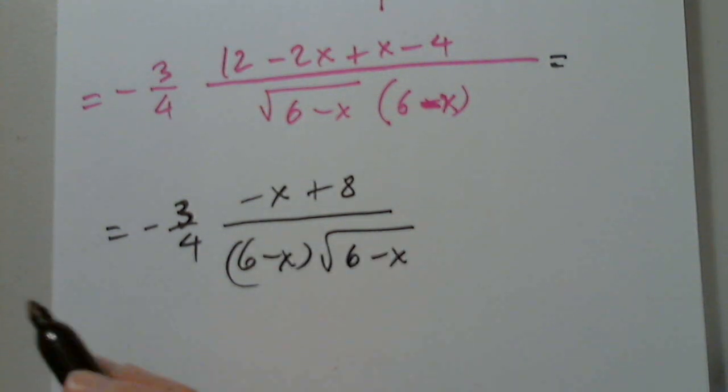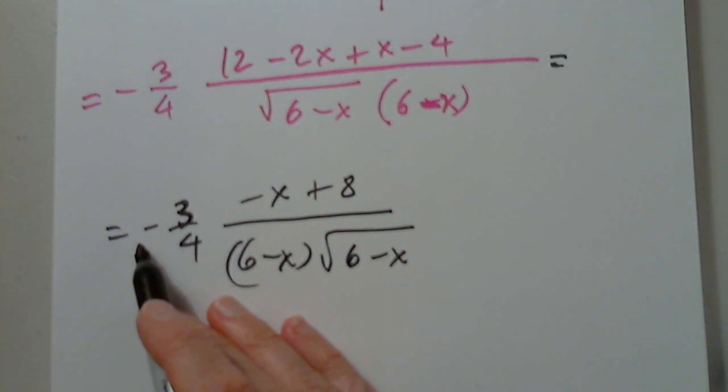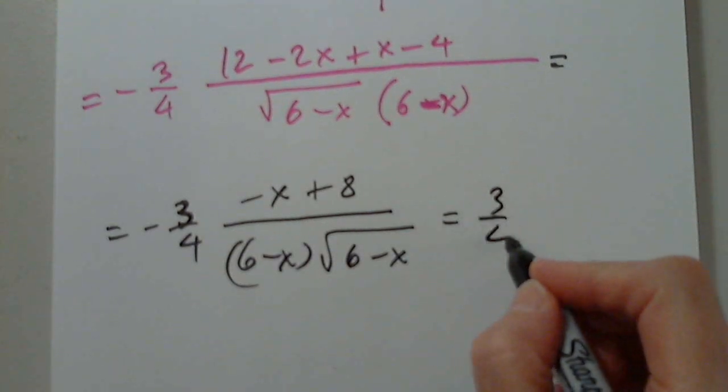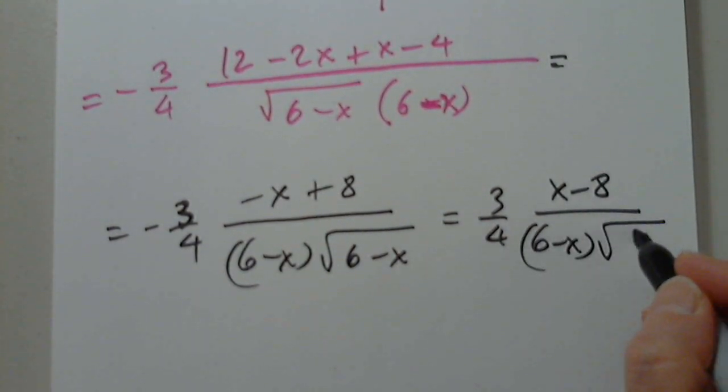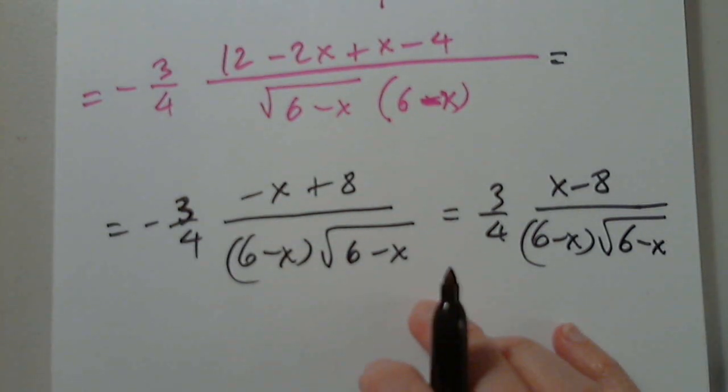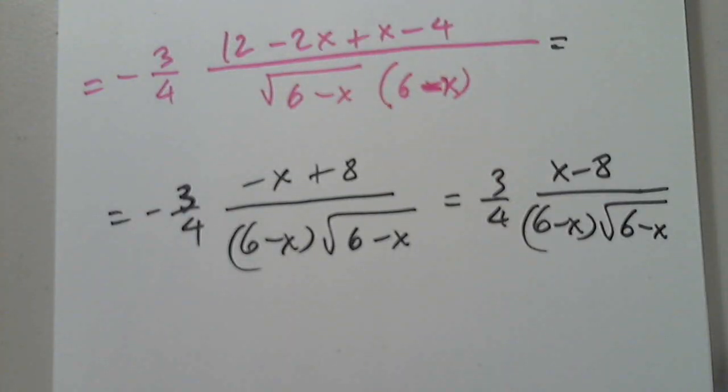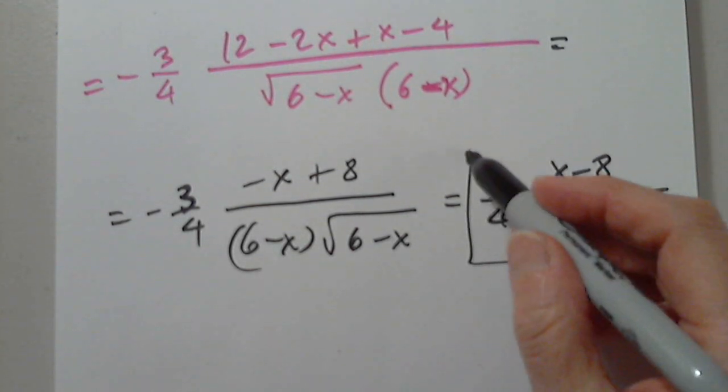You know the negative goes out and removes this one in front. X minus 8 over 6 minus x, the square root of 6 minus x. Long calculations on this problem. Okay, finally this is the simplified form.